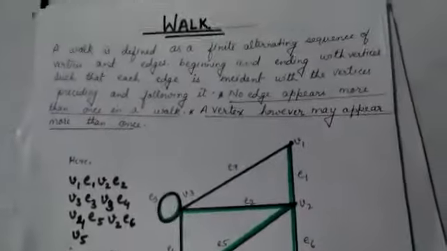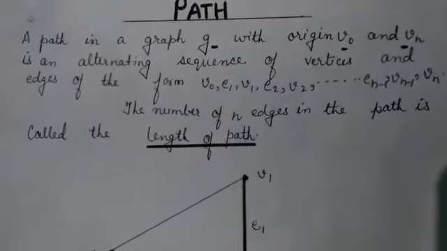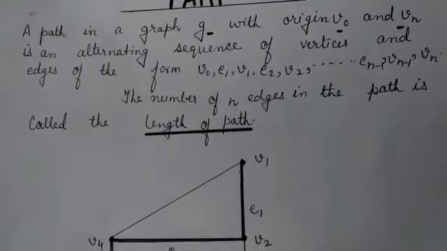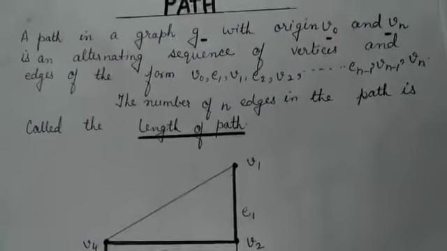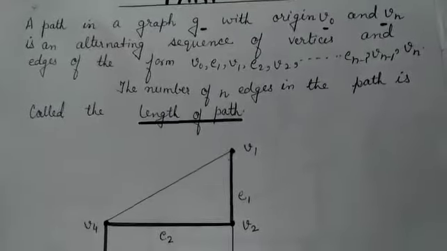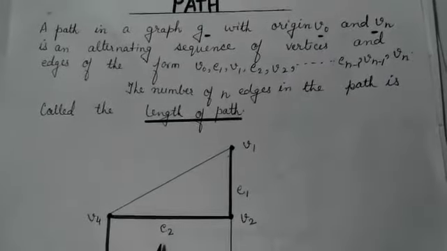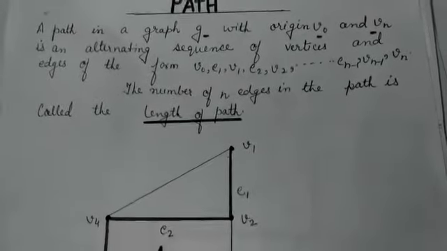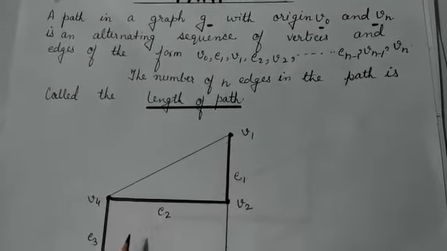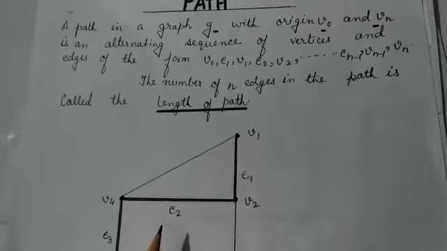Next is path. A path in a graph G with origin V0 and end Vn is an alternating sequence of vertices and edges of the form V0, E1, V1, E2 and so on.